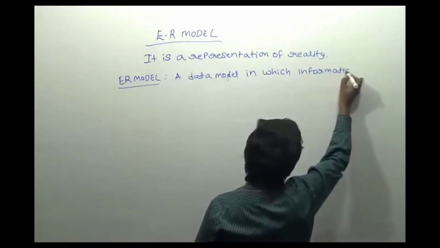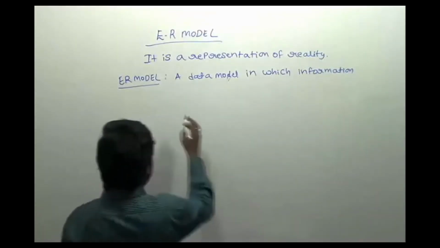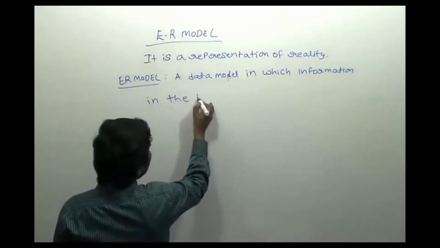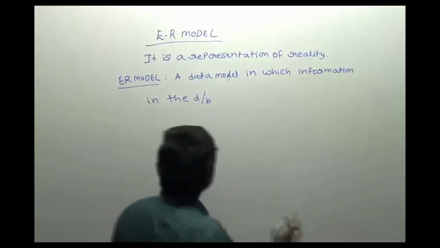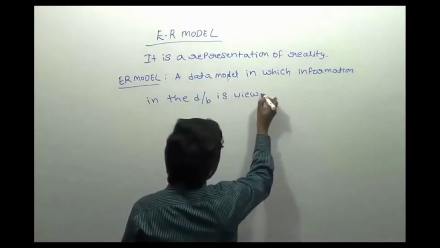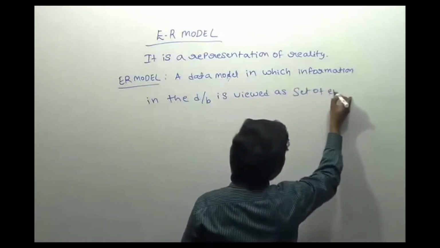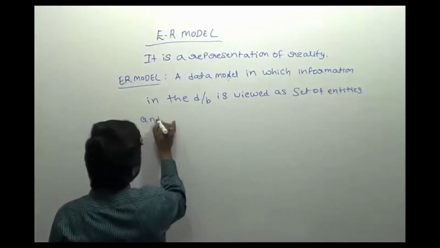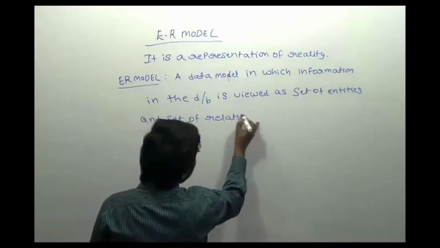information, so we have seen what a database is and what information is, the information in the database is viewed as a set of entities and a set of relationships among entities.